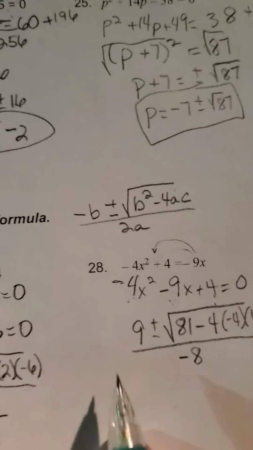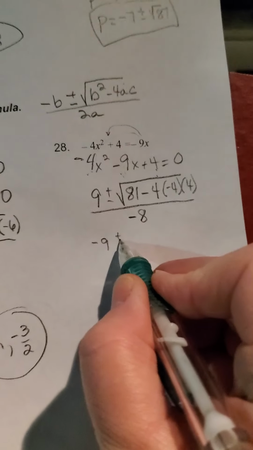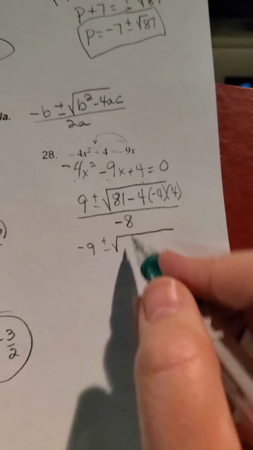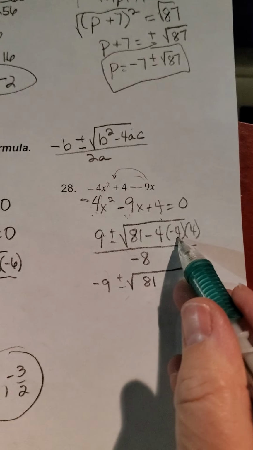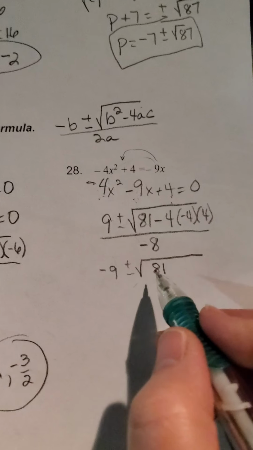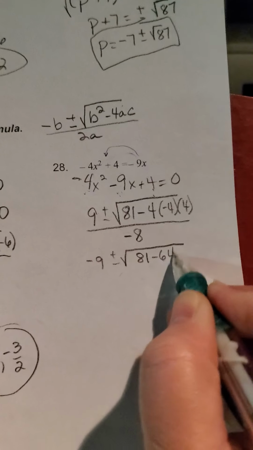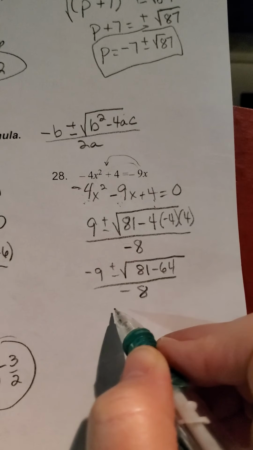All right, so, let's see. We've got negative 9 plus or minus the square root of 81. And then negative 4 times negative 4 is a positive 16. 16 times 4 is 64. So 81 minus 64 all over negative 8. Okay?